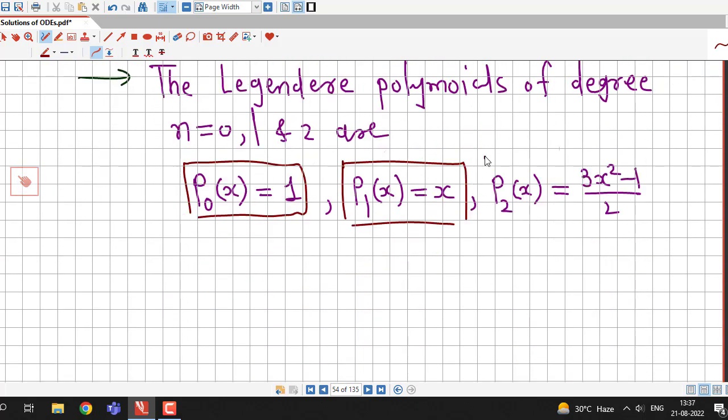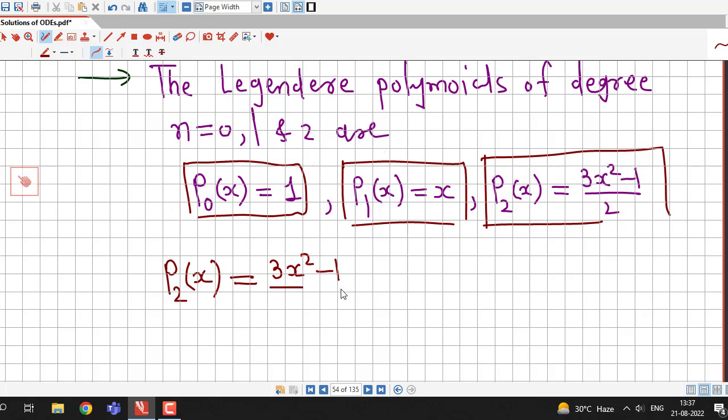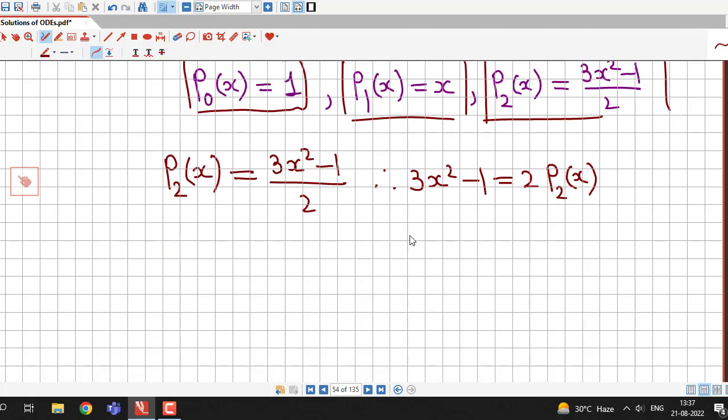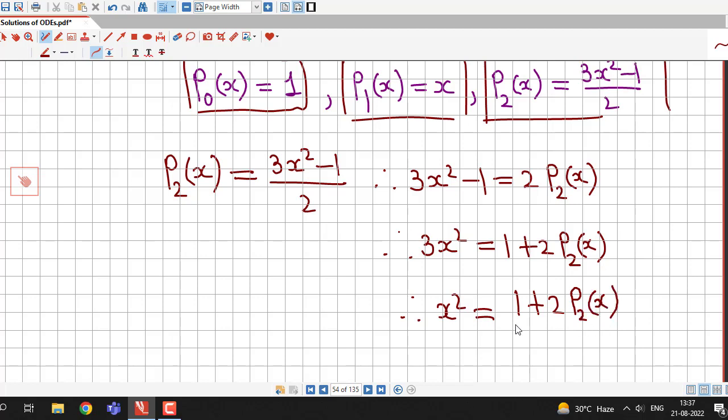That I can obtain from the expression for P2(x). P2(x) is given by 3x square minus 1 by 2. Therefore 3x square minus 1 can be written as 2 times P2(x). Therefore I get 3x square equal to 1 plus 2 times P2(x), and therefore x square equal to 1 plus 2 times P2(x), divided by 3.